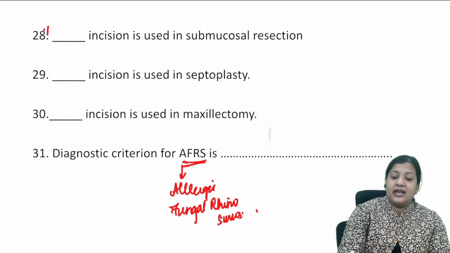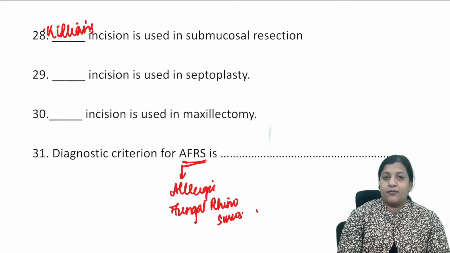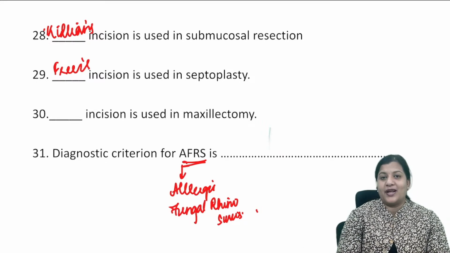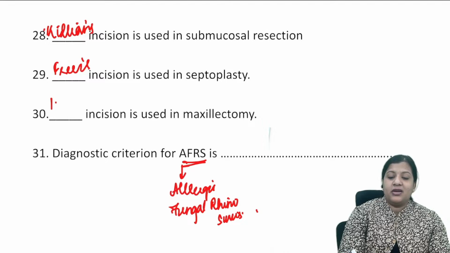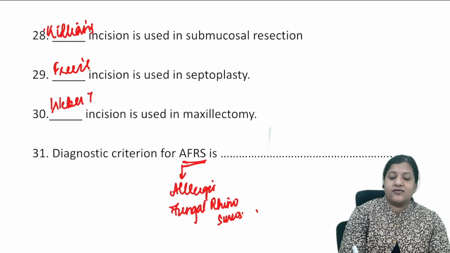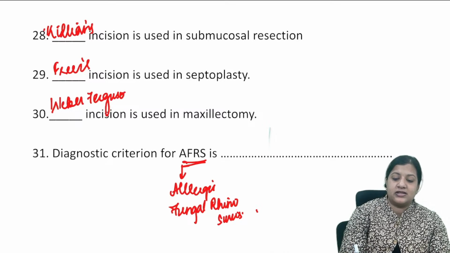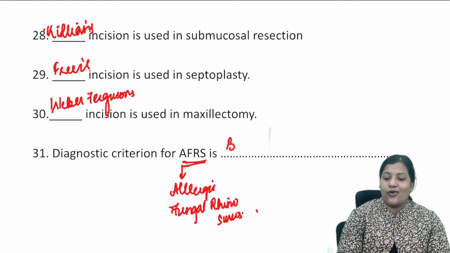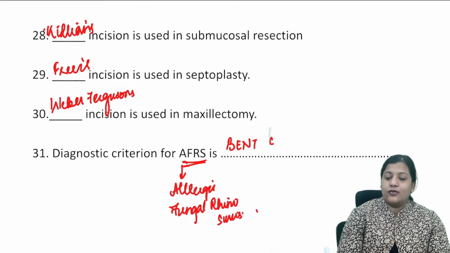So it is the Killian's incision that we use in SMR. We use Freer's incision in septoplasty. For maxillectomy, the name of the incision is Weber-Ferguson's incision, and the diagnostic criteria that we use for diagnosing AFRS is called Bent and Kuhn's criteria.